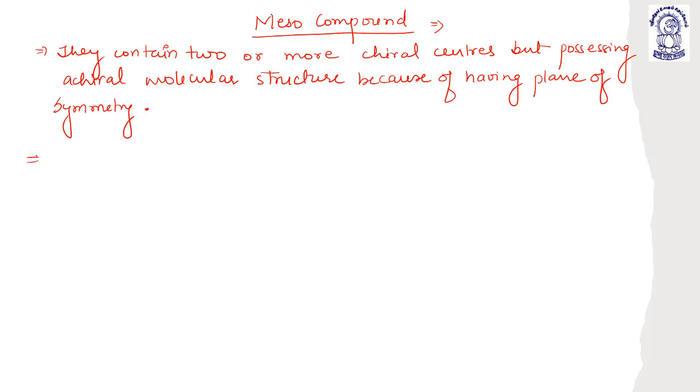So these compounds have a plane of symmetry, and that is why the whole structure is achiral, but they have two or more chiral centers.